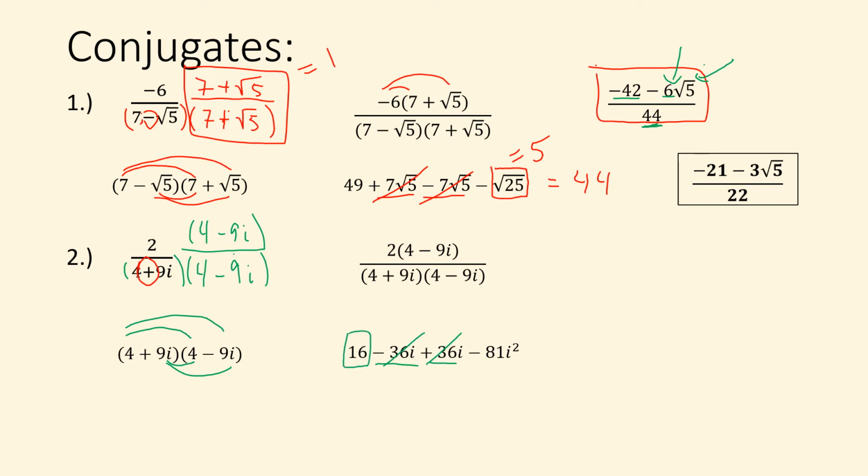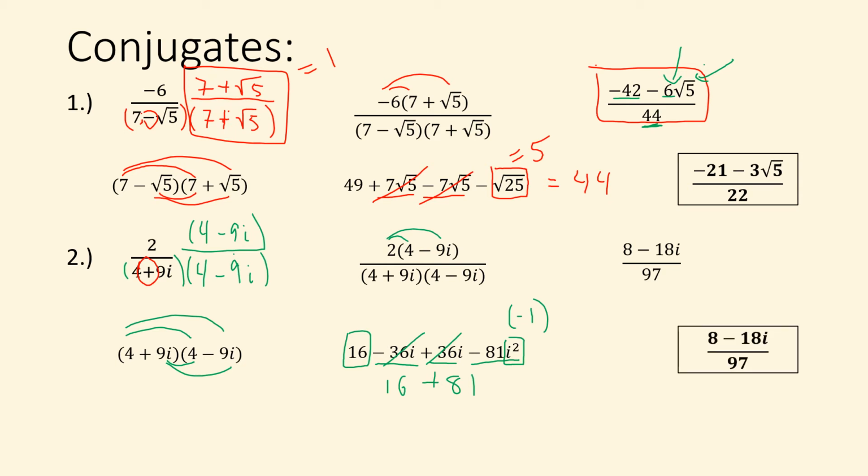First one was 16. Last one, minus 81i squared. I squared is a negative 1, so we really have 16 plus 81, which gives us 97 on the bottom. The top we distribute, and we have 8 minus 18i.